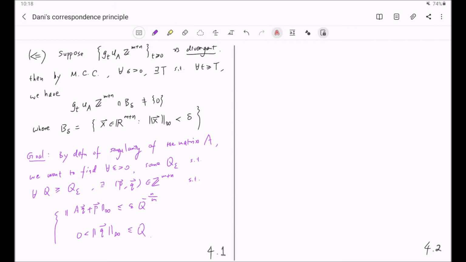And to realize this goal, you need to take advantage of the definition, or the equivalent definition by Mahler's compactness criterion, of the divergence of the trajectory. You want to carefully pick delta.